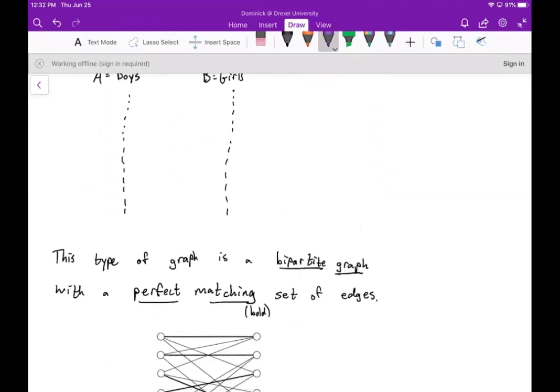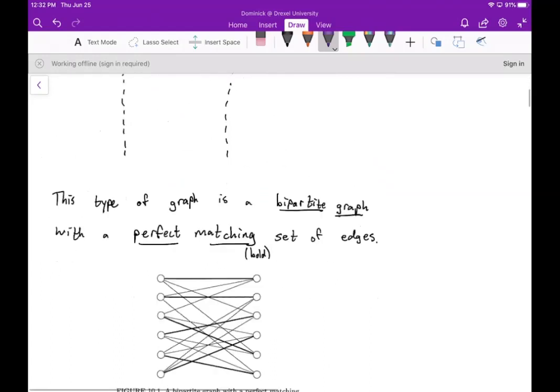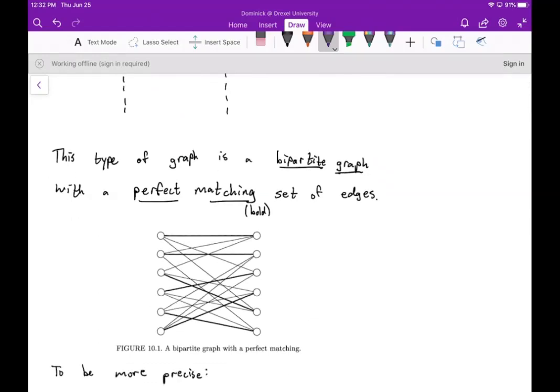Now, this type of graph is called a bipartite graph, and we are looking for what's called a perfect matching, where we can join each one of these. They're bold here, just to indicate a little bit more clearly, the perfect matching is going to be indicated by these dark black edges here, and they're formed only from the original edges of the graph.